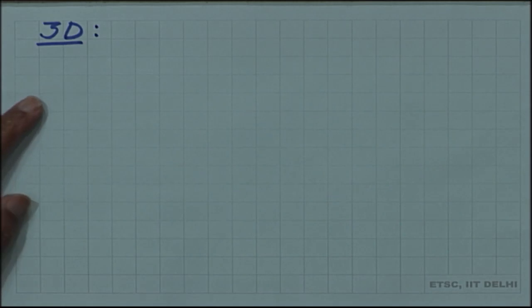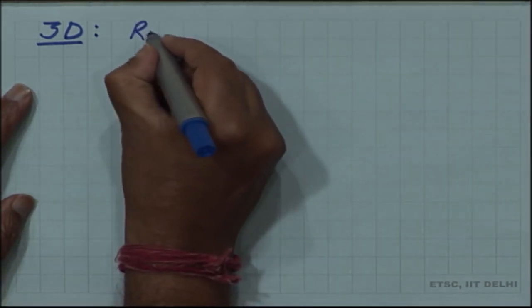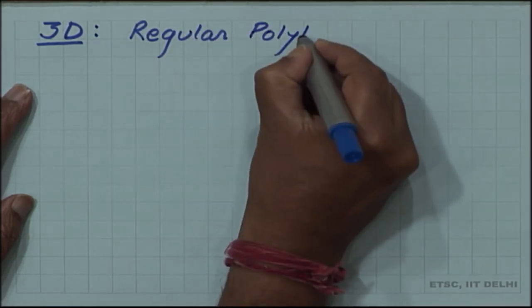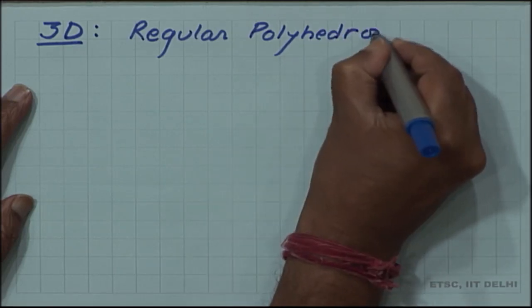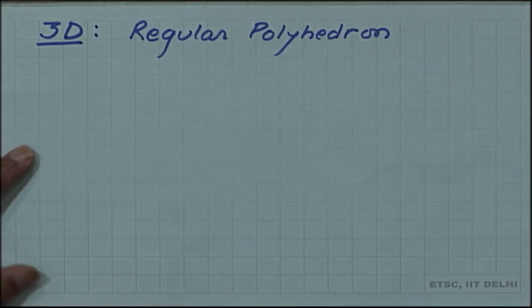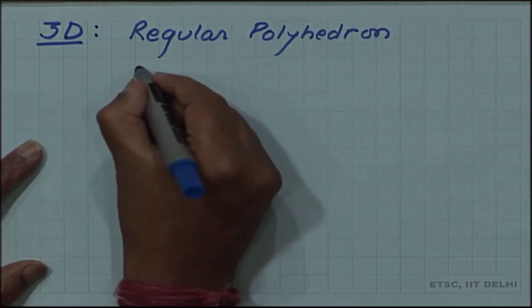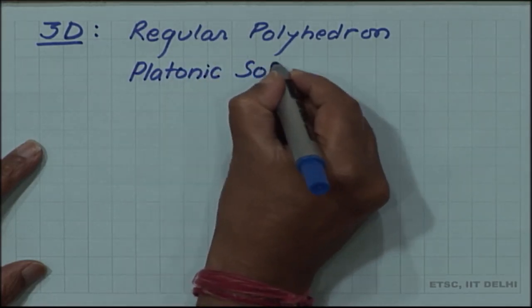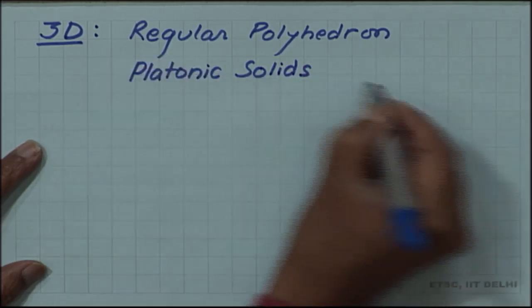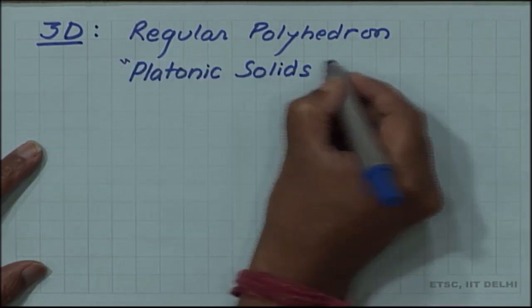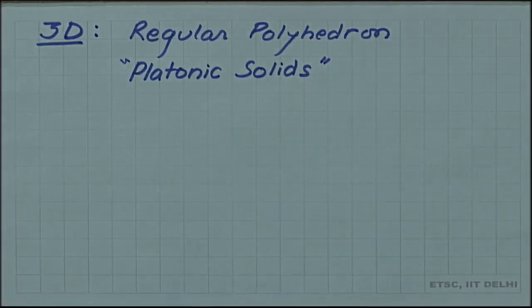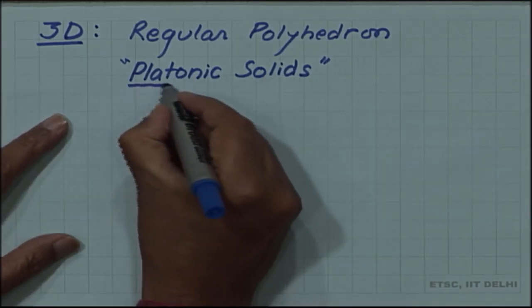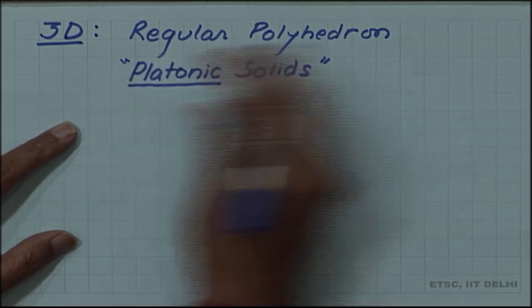The 3D version of a regular polygon is a regular polyhedron, also known as Platonic solids, because Plato philosophized about these solids. In his philosophy, they play some role. That is where the name Platonic comes from.